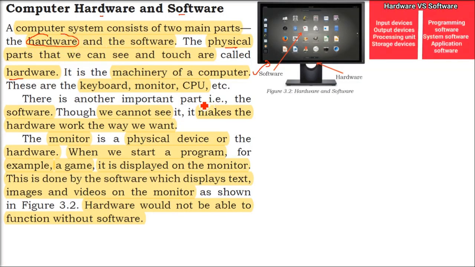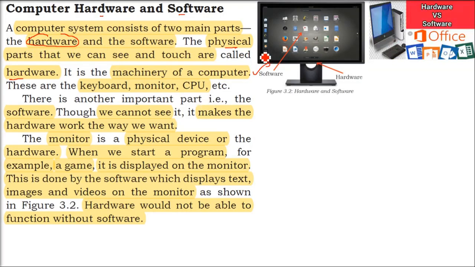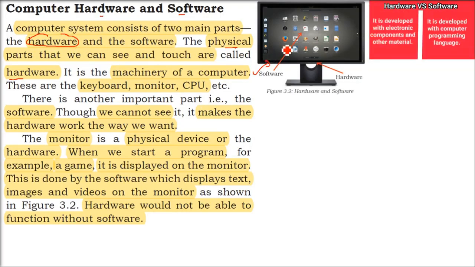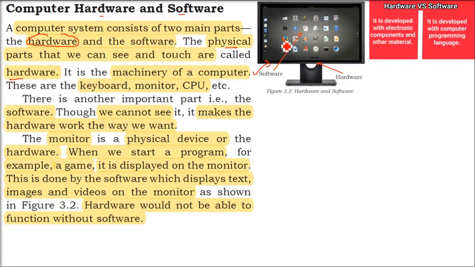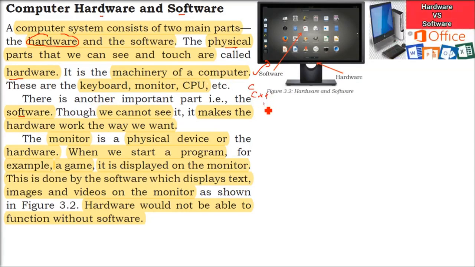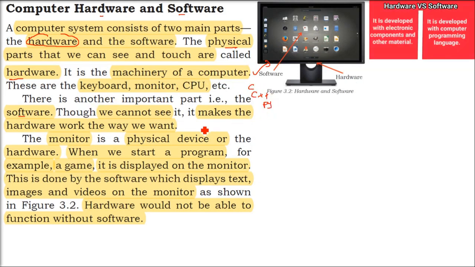All these are hardware. Now, what is the second pillar of any computing device? It is software. We cannot see it; it is intangible. Basically, these are instructions written in a certain programming language, and they instruct the computing device what to do. For example, we write code in C, C++, Java, Python. We are not able to see it.